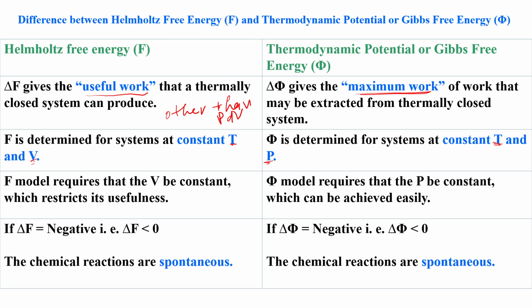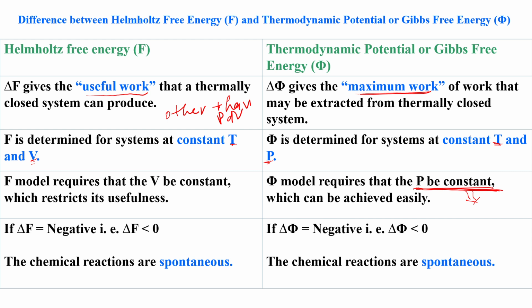But the phi model requires constant pressure, and this constancy of pressure is obtained in normal conditions, which can be achieved easily. Pressure is naturally constant, so we do not put extra effort to keep it constant.